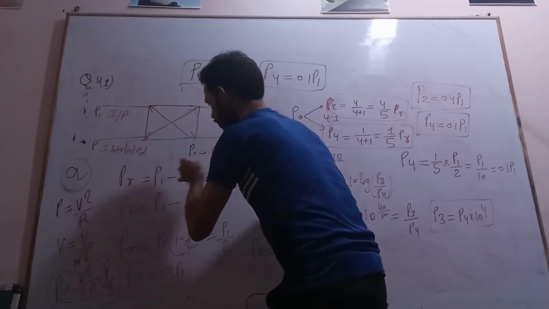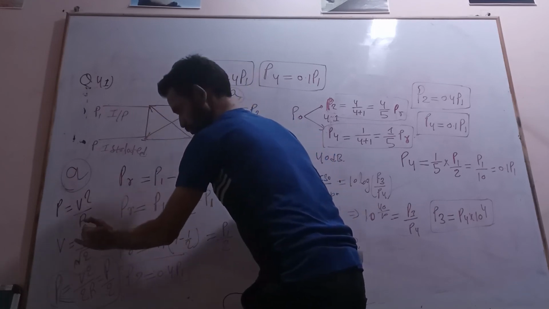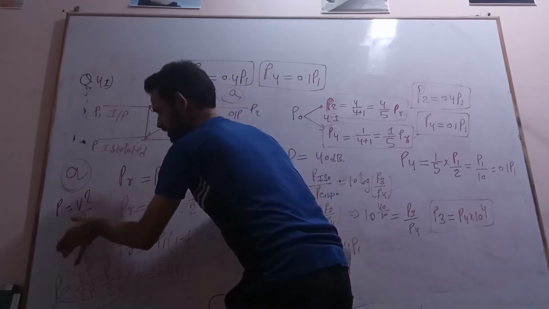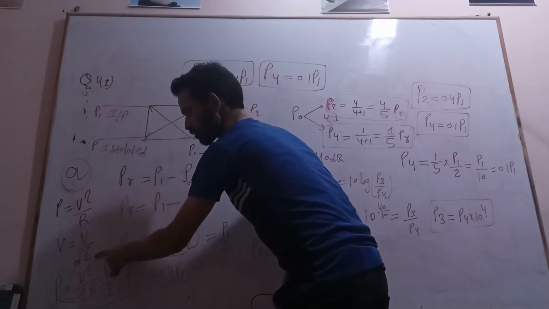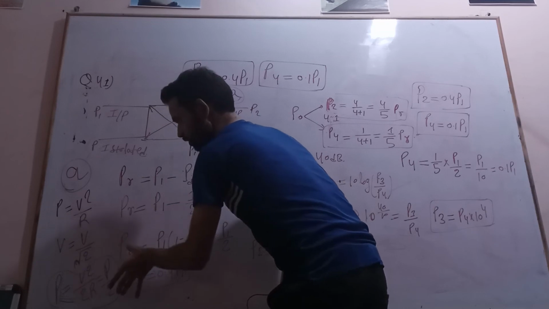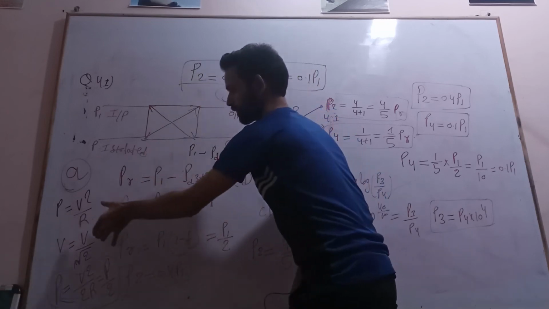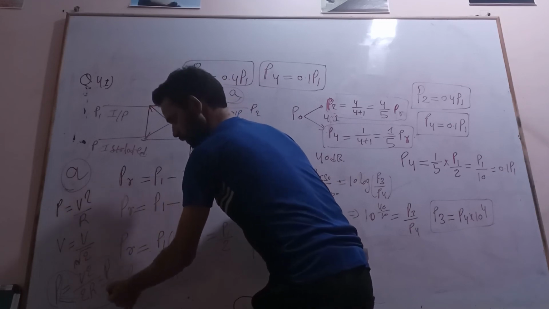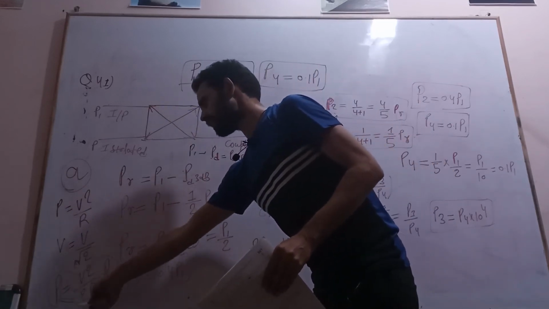If the signal is lost by 3 dB, it is reduced by a factor of root 2. If the power is lost by 3 dB, it is reduced by a factor of 2. This is the difference between signal and power.